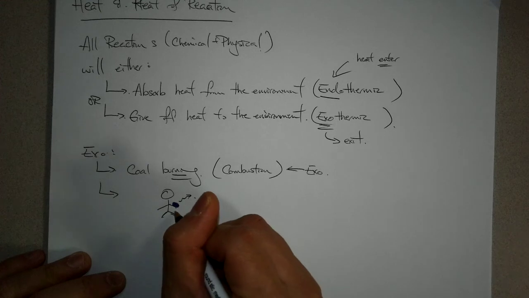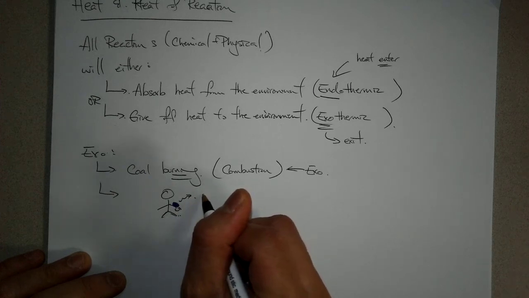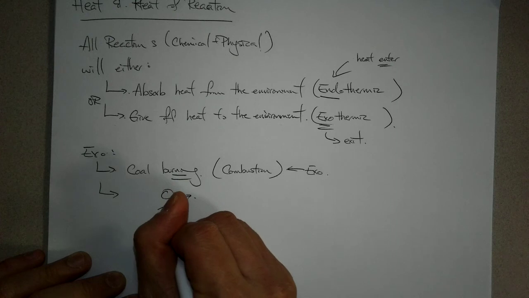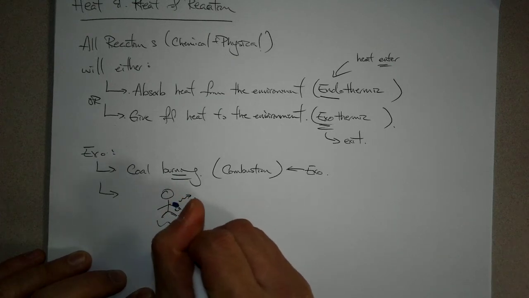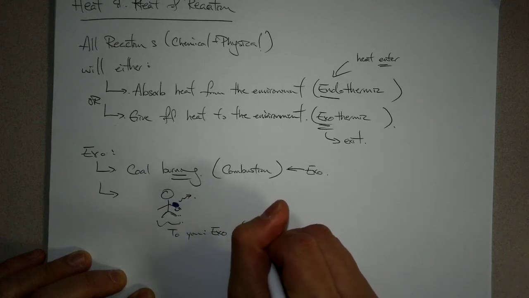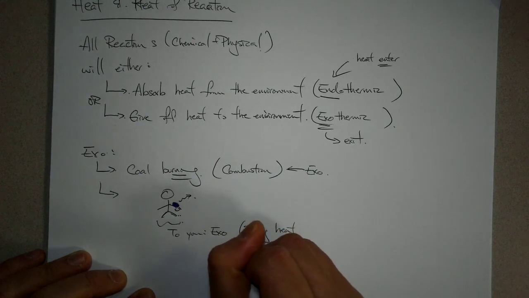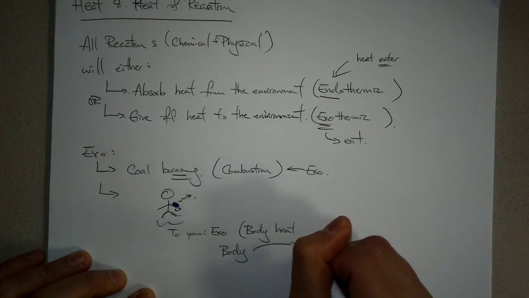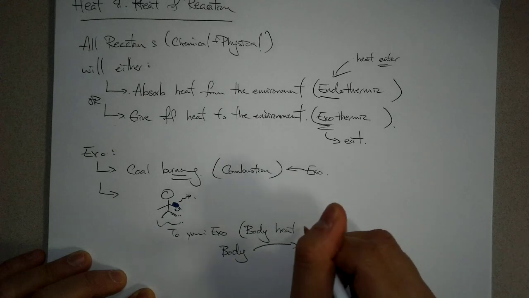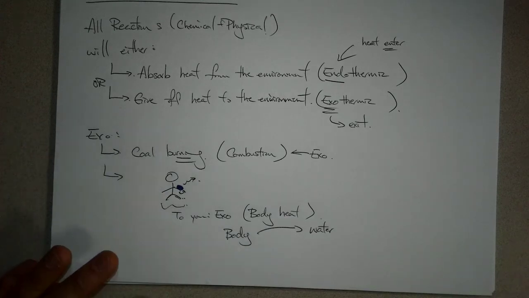Essentially, your body heat goes into the water, and then the water evaporates off. So to your body, that's exothermic because your body heat leaves from your body to the water. Does it make sense? So to your body, you're giving off heat. You're losing heat to that water.